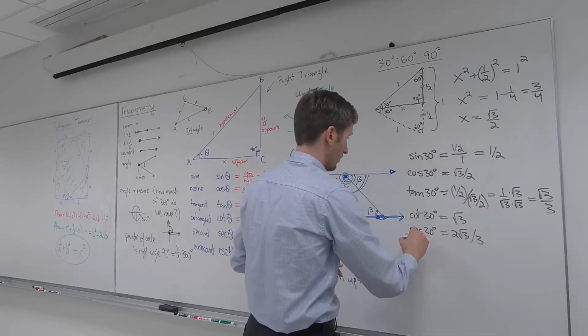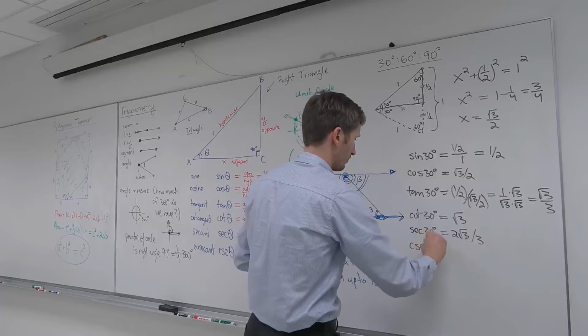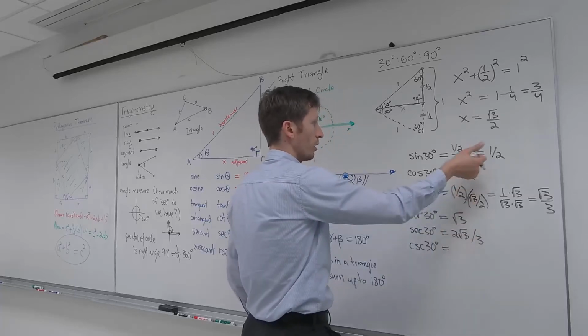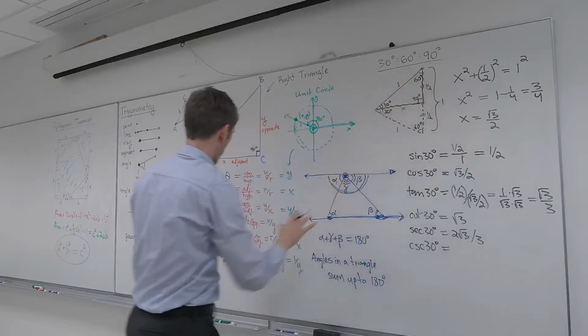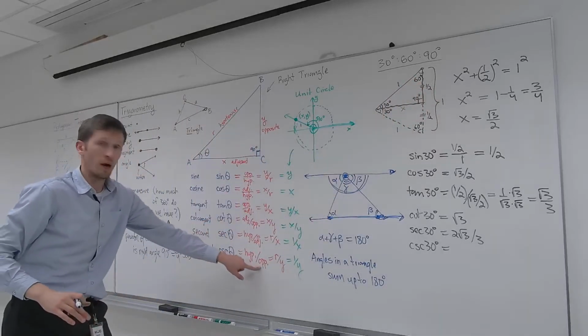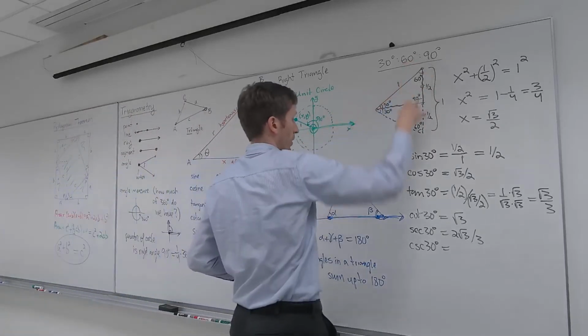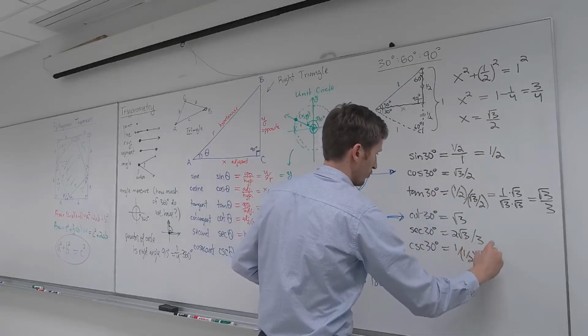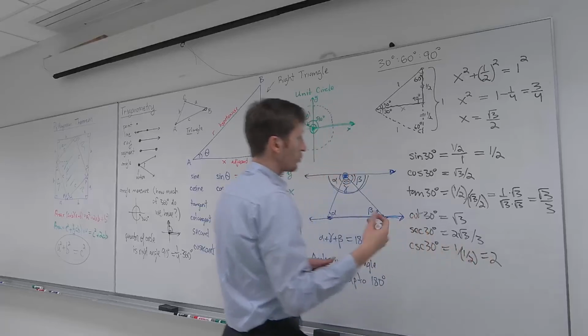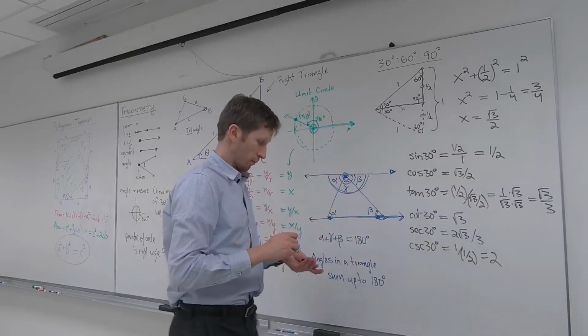And cosecant of 30 is 1 over a half, hypotenuse over opposite. 1 over 1/2, and that's just a 2.